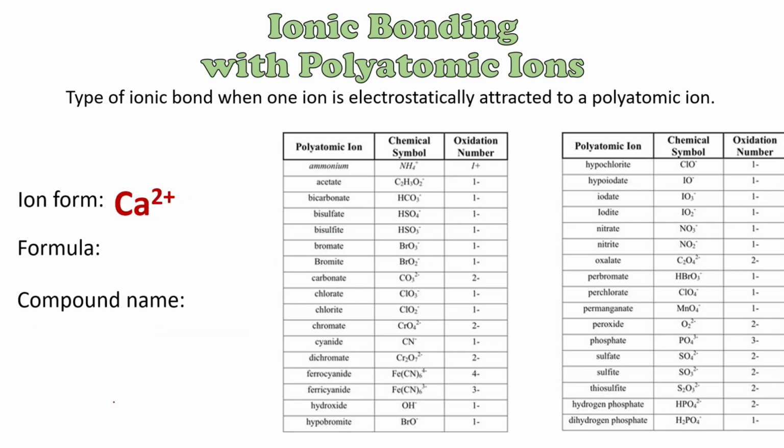And last example, calcium 2 plus. And then our anion is this nitrate here, which is 1 negative. So it's NO3, 1 negative. The same gap on crisscross.